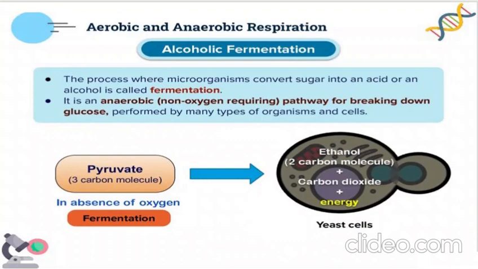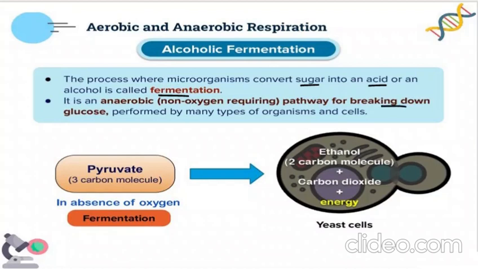Alright. Now, let's talk about alcoholic fermentation. The process where microorganisms convert sugar into an acid or an alcohol is called fermentation. You might have studied this. Some microorganisms ferment things into acid or alcohol. Anaerobic respiration is an anaerobic pathway where oxygen is not required.